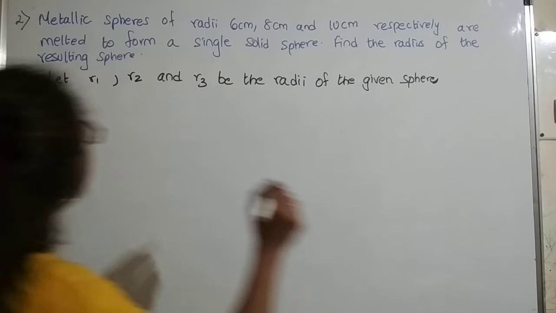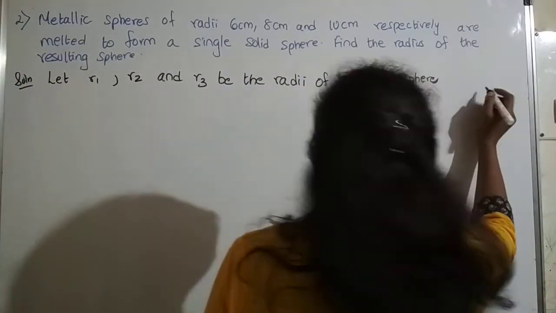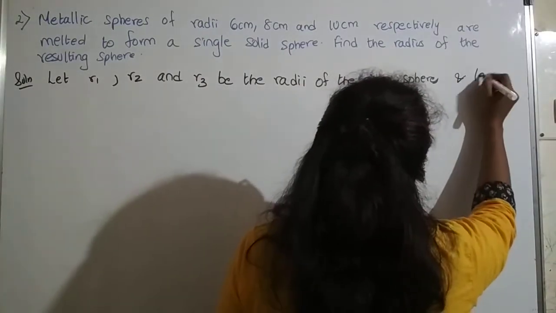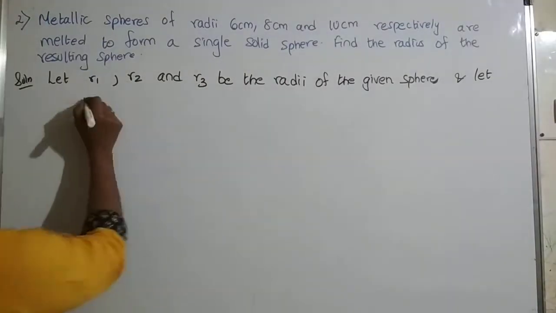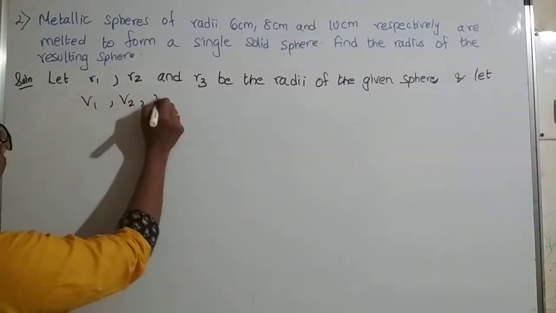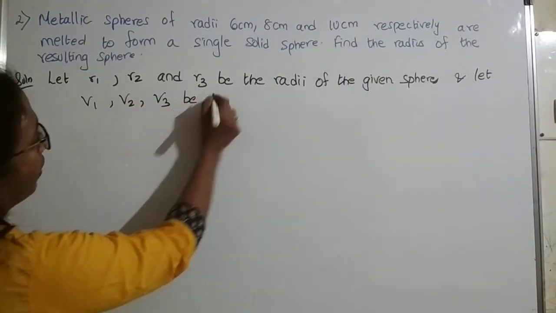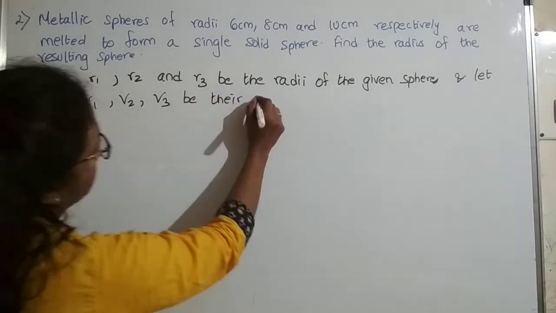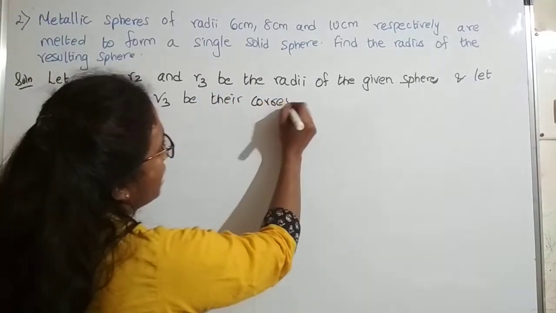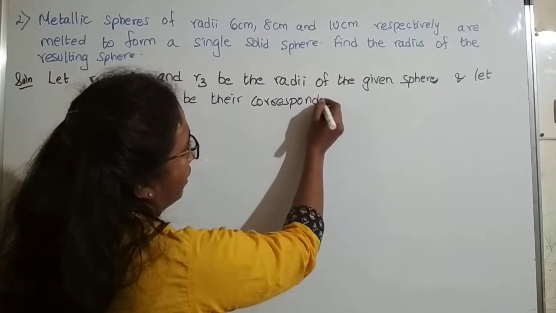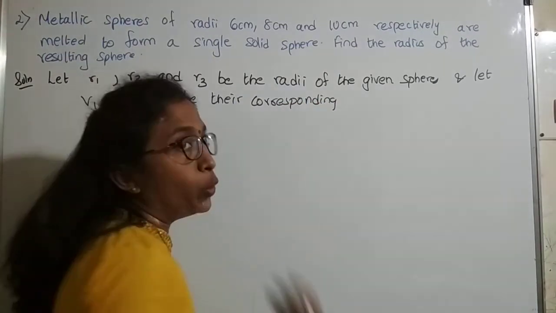Let V1, V2, V3 be their corresponding volumes respectively. As we know, when something is melted and converted from one solid into another, the volume remains the same.